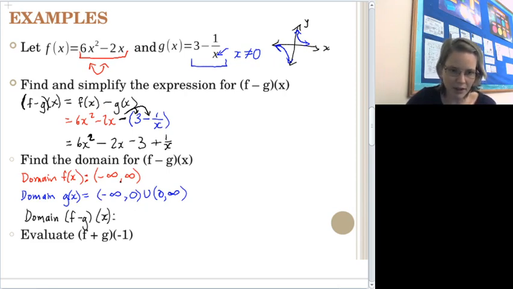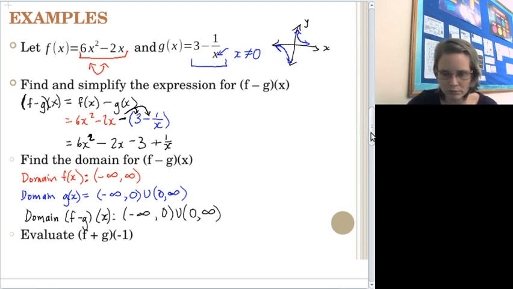So that would be everything except 0, because 0 is not in g. In other words, f minus g has the same domain as g itself, because f had no restrictions to contribute. So far, so good?